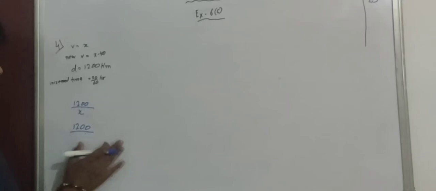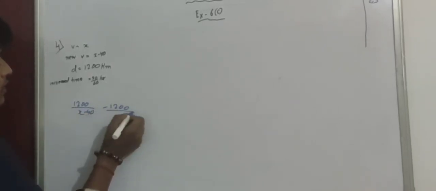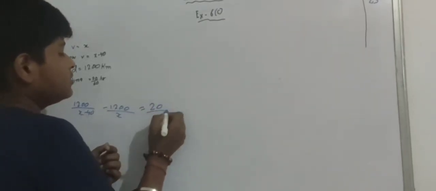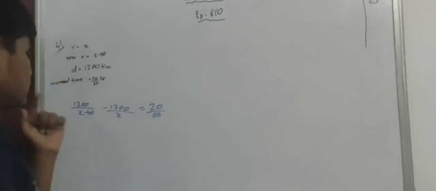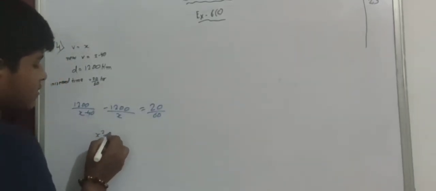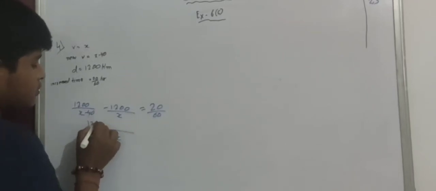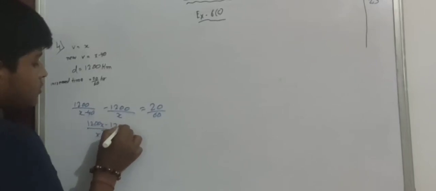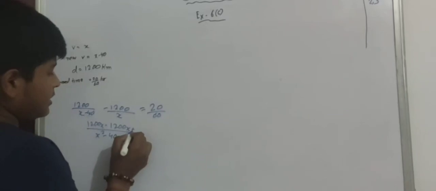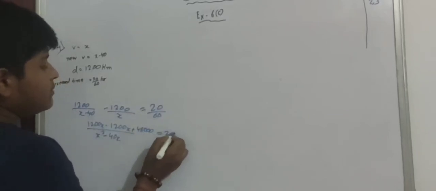So subtract this from this; this will be the greater time, and the difference is 20 by 60 hours. Now solve this. Take the LCM here. You will get x square minus 40x, and above will be 1200x minus 1200x minus this into this, so minus plus 1200 into 40, 48000, equals 20 by 60.